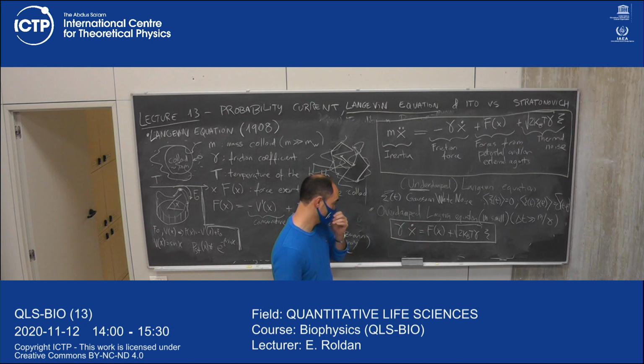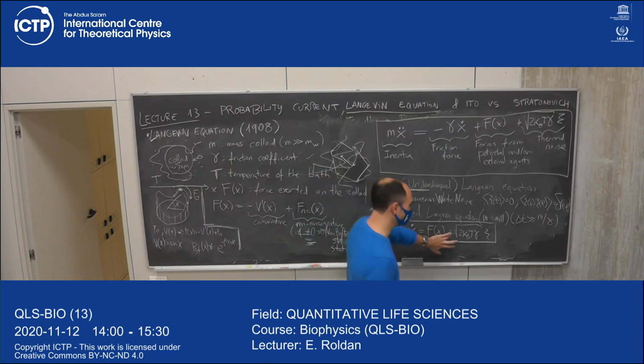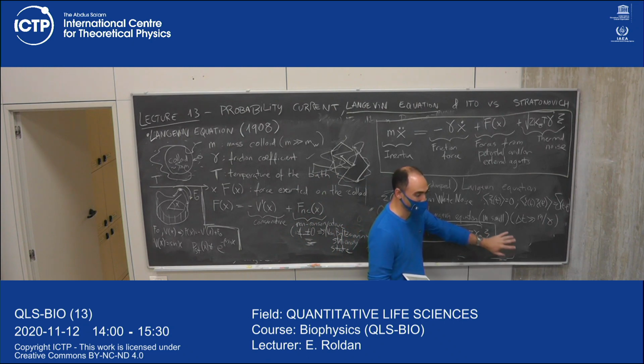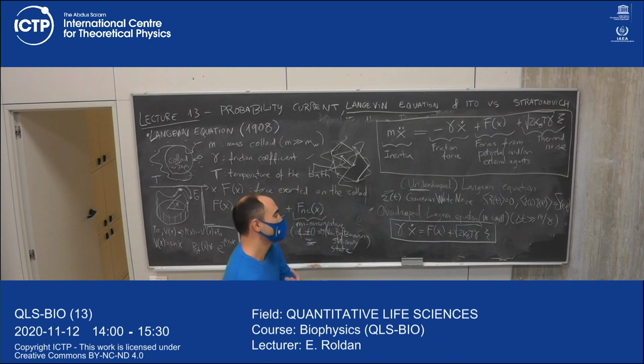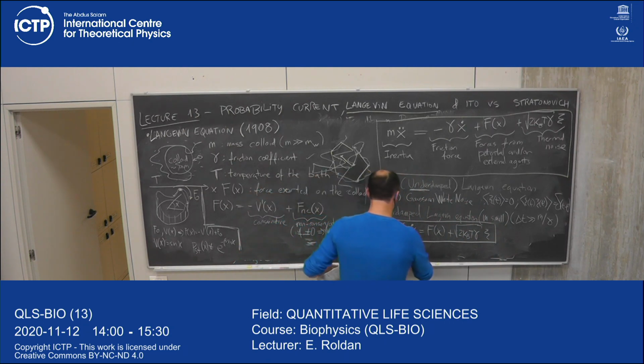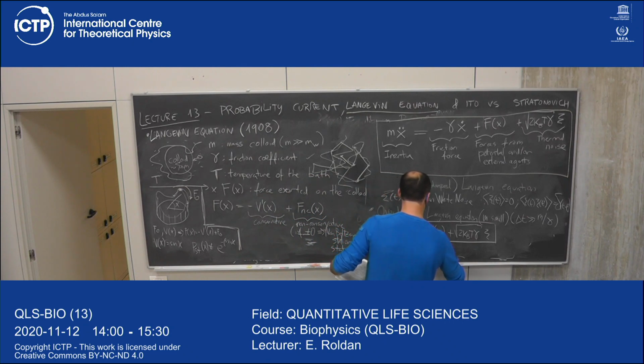So we can divide by gamma and multiply by dt. Remember, x dot is dx/dt. So if we multiply by dt, we will have dx here, a dt here, and here will be psi dt, which is dB, if you remember well. And if I divide by gamma, I will call mu to 1 divided by gamma; this is called mobility.